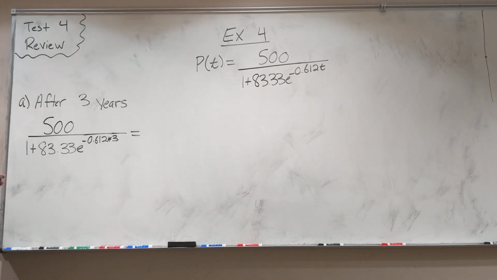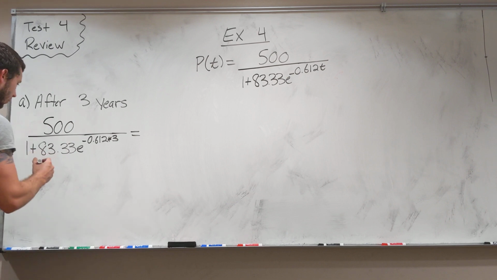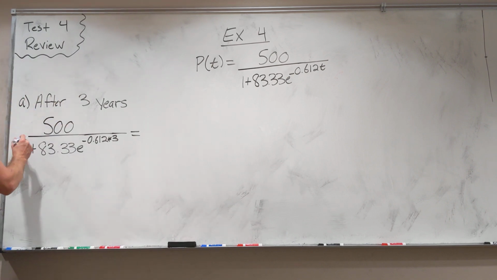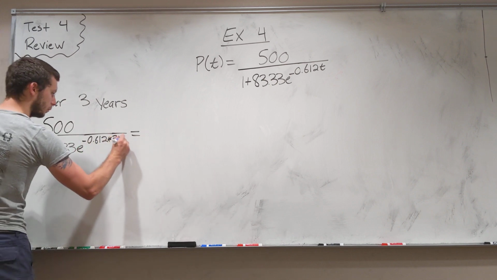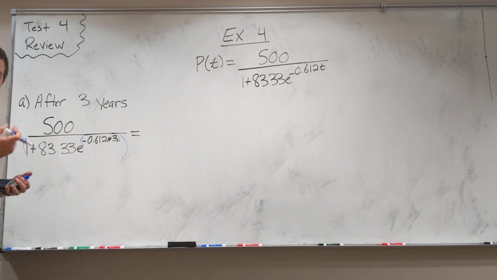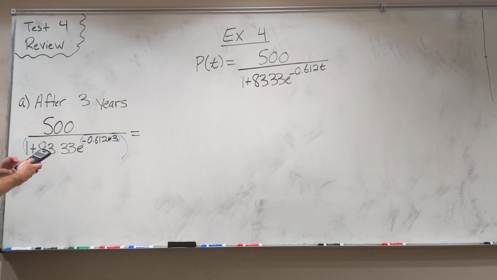The only thing to make sure of, if you're going to put all of this in your calculator all at once, I would recommend putting parentheses around the denominator and also around this exponent here, or else your calculator cannot keep track of it, it doesn't have spatial awareness about where everything's at.